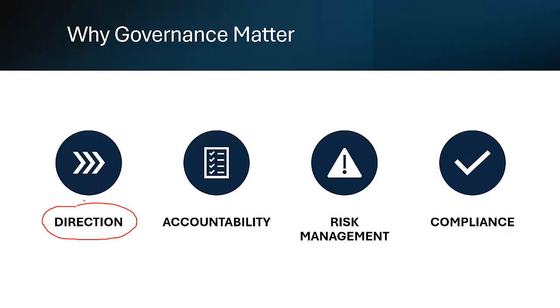Just like a family: a family sets the goals, like planning a vacation, saving for a new car, or making sure the kid does well in school. So governance in an organization also sets the goals and directions. Okay, so if you take an example, this is the bank we have.